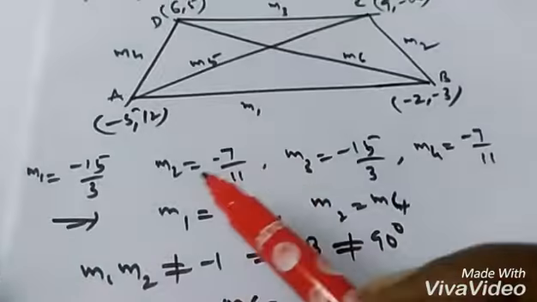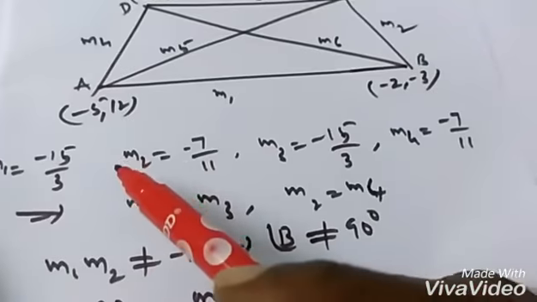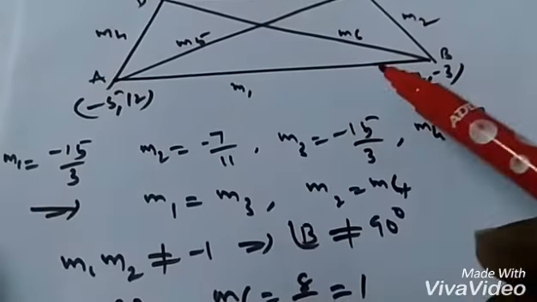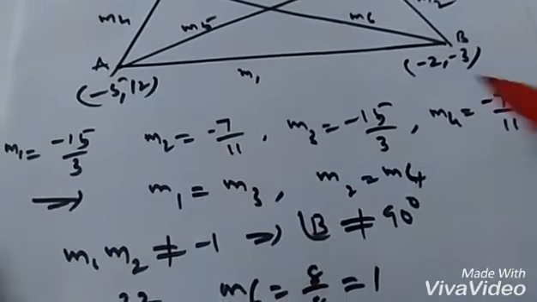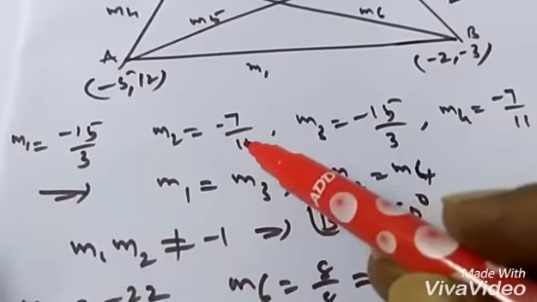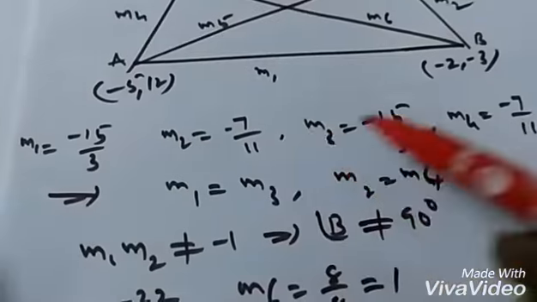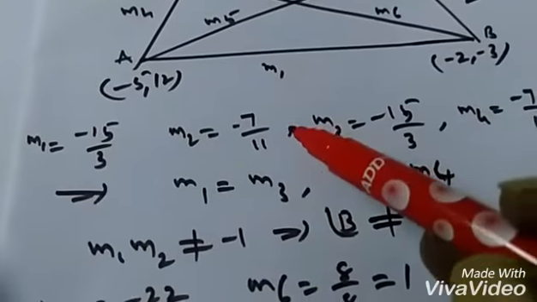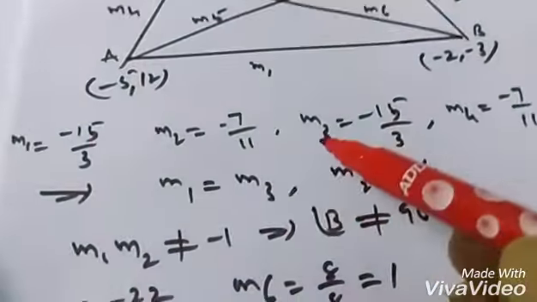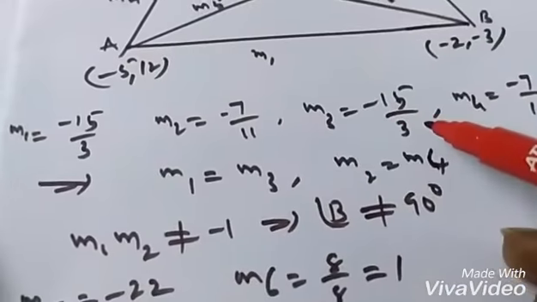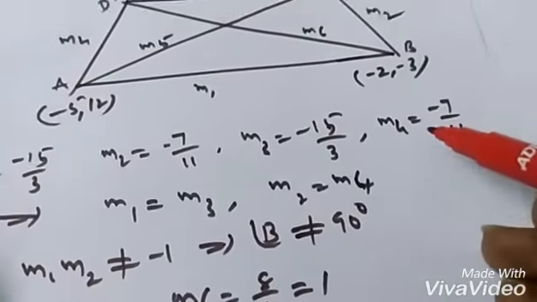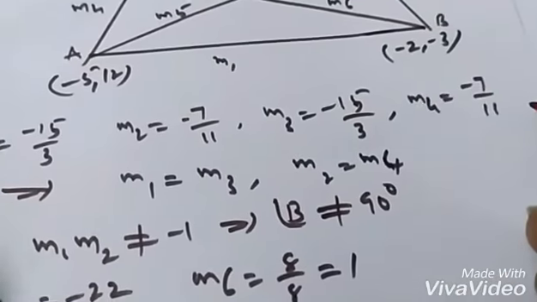Now I have calculated the M1 slope, (y2 minus y1) by (x2 minus x1). This is minus 3 minus 12, minus 15, and minus 2 plus 5, it is 3. So M2 I found out, M3 is minus 15 by 3, M4 is minus 7 by 11.